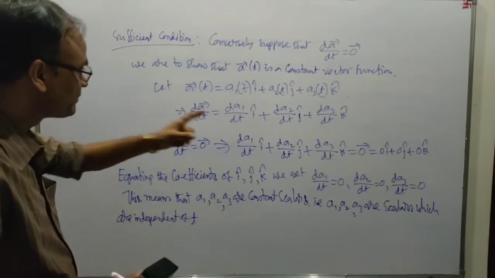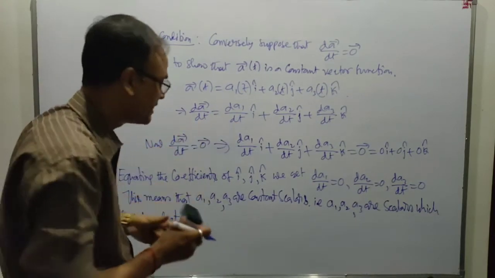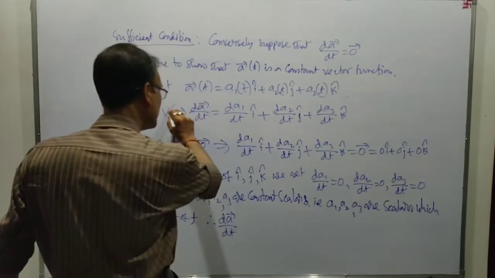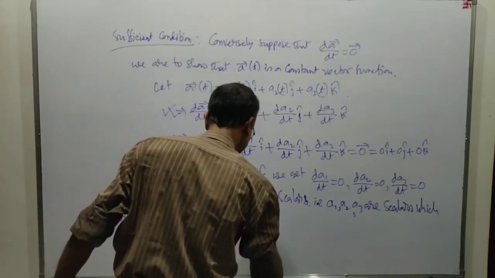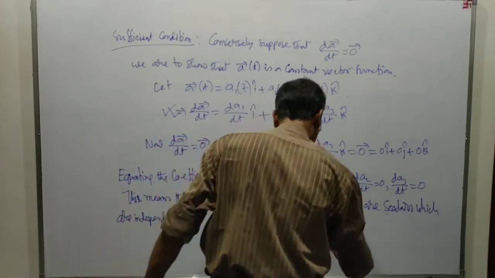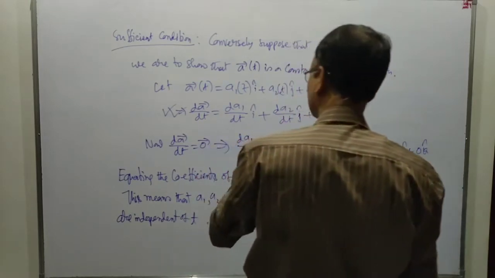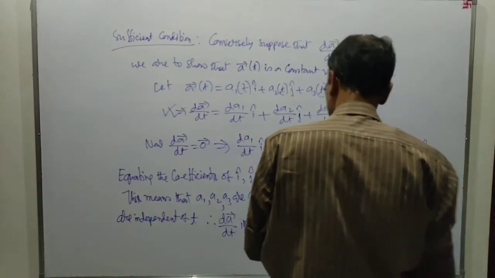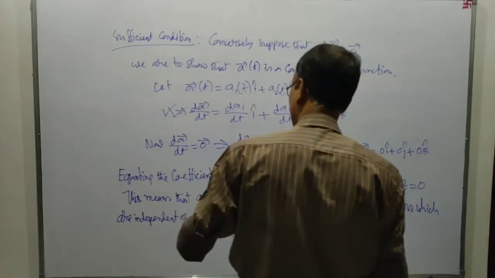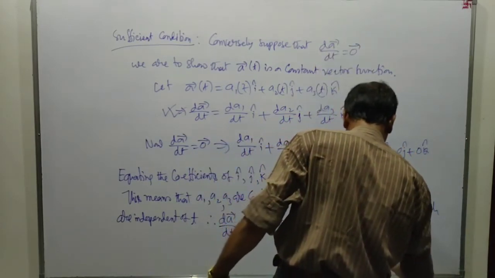Therefore, A vector is also independent of t. This means A vector t is a constant vector function.